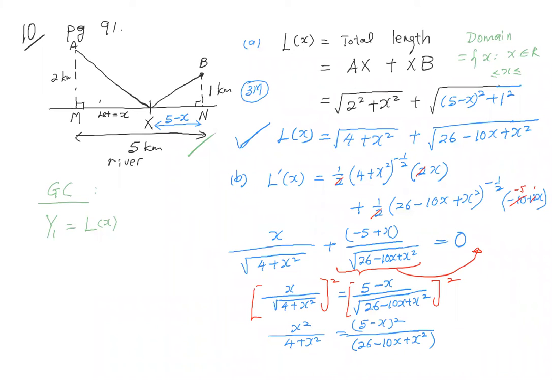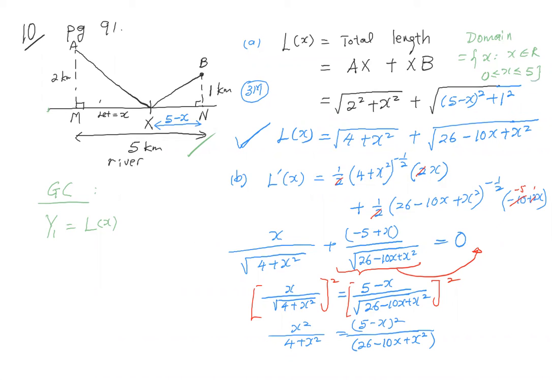X smallest is 0, greatest, please look at the diagram and tell me what is the greatest value of x. 5. Correct? Definitely, if you want a minimum length of the pipeline, you definitely will not put the pump house here. You will put the pump house in between the two plates. Am I right?